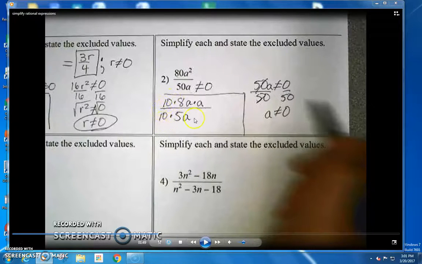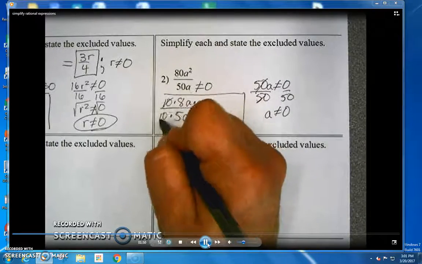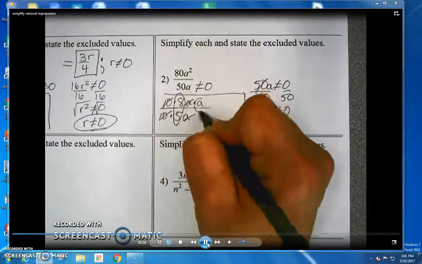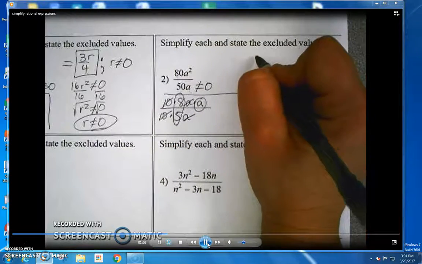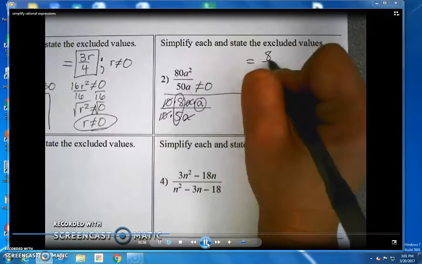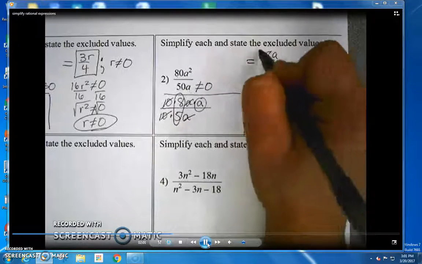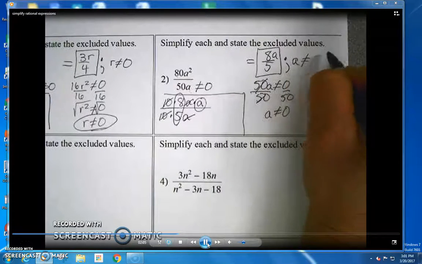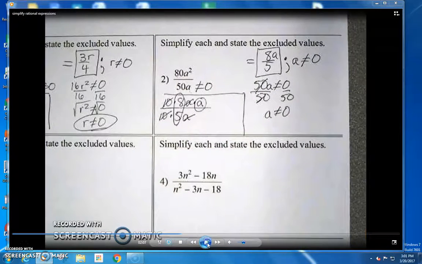We have 10 and we have a, so that's what we're going to cancel out. 10 and a, which leaves us with 8a in the numerator and 5 in the denominator. So 8a over 5 is our simplified expression. The excluded values are where a cannot equal 0.